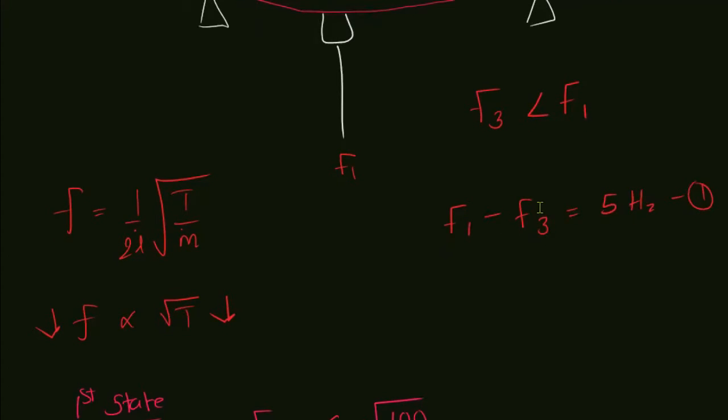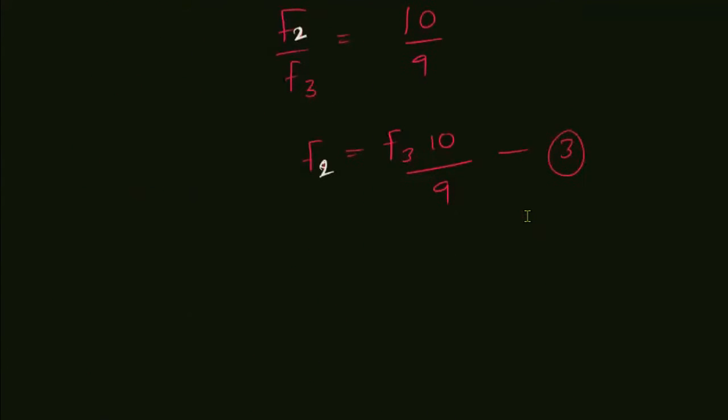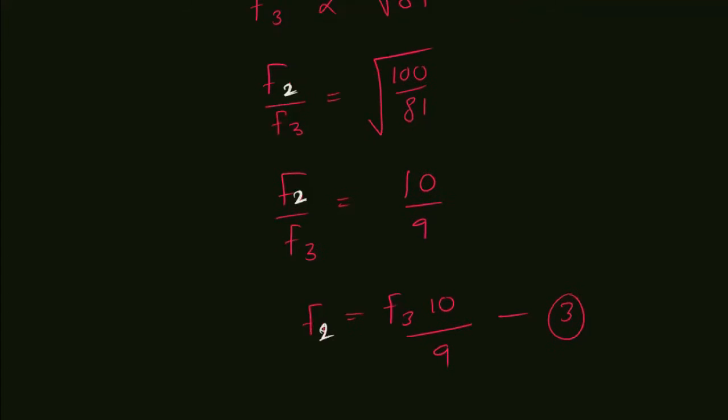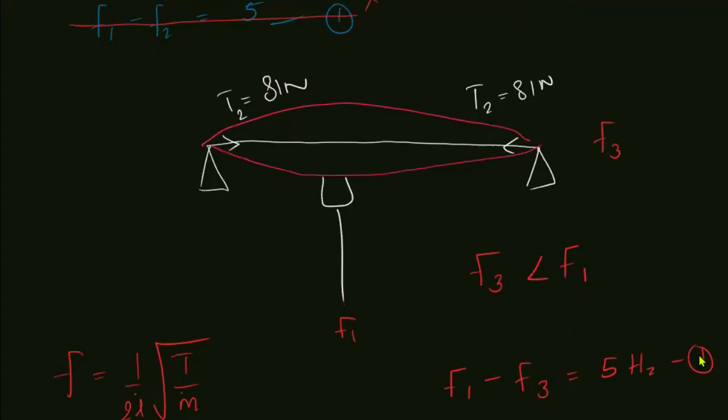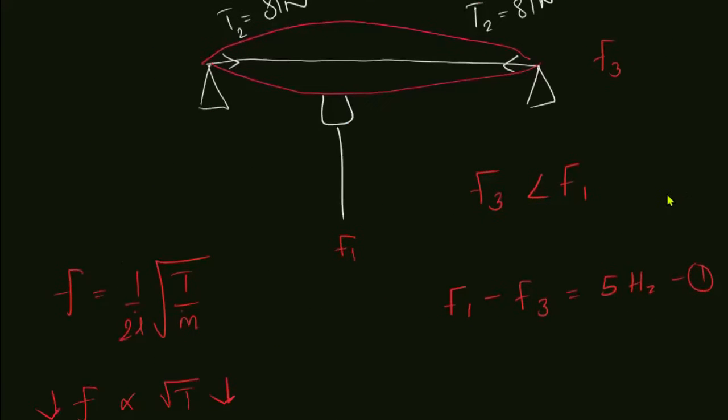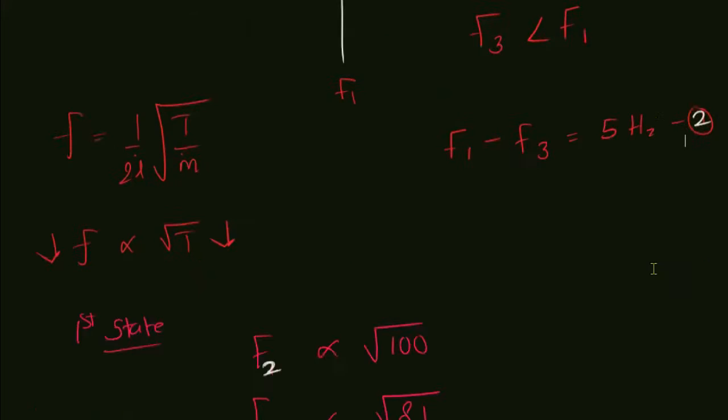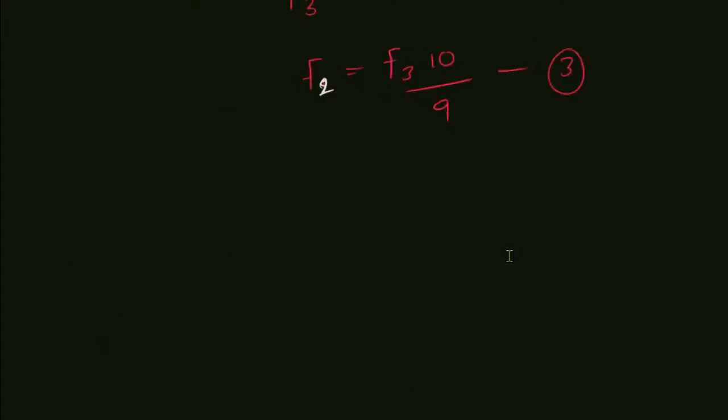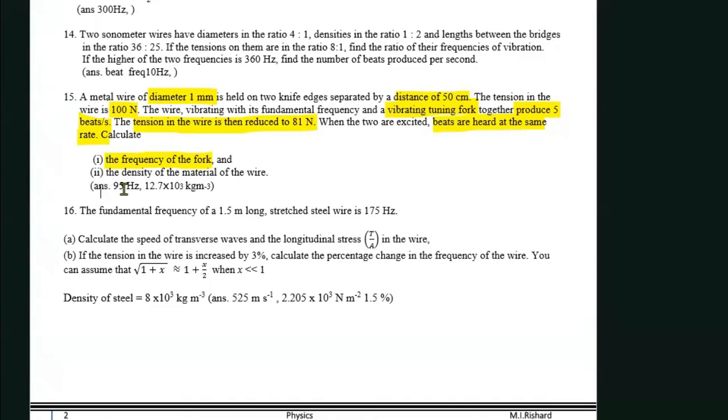I will not teach you how to substitute and simplify because it will take time. You have three equations, three unknowns, so you can simplify and find the answer. The answer for F1 is going to be something around 95 hertz.